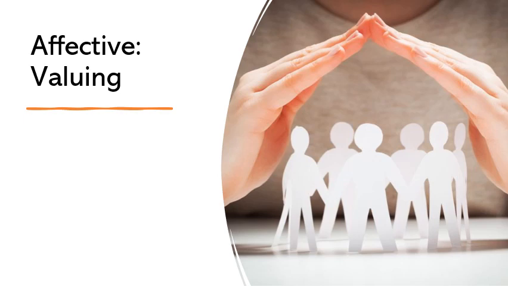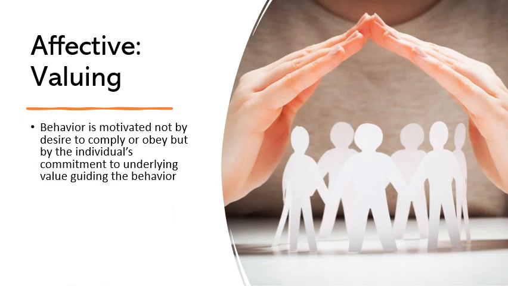The third level is valuing. This is when behavior is motivated not by the desire to comply or obey or conform, but by the individual's commitment to an underlying value guiding their behavior.